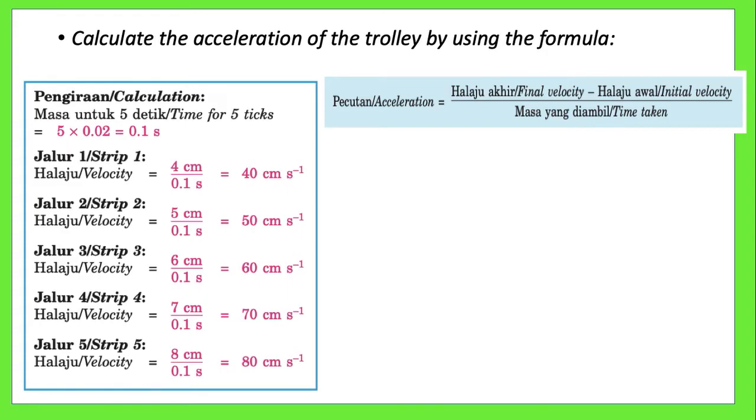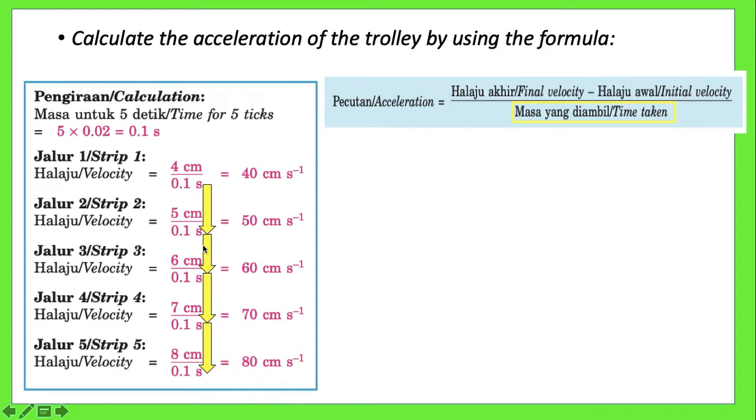Now let's learn how to calculate the acceleration of the trolley by using this formula. To find acceleration, we need to subtract the initial velocity from the final velocity. The time taken here is referring to the time taken for the trolley from the initial velocity to reach the final velocity.